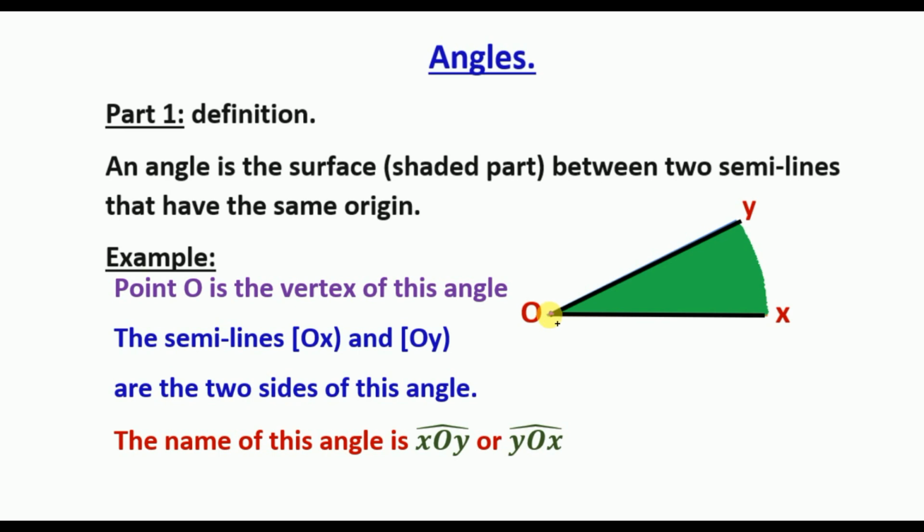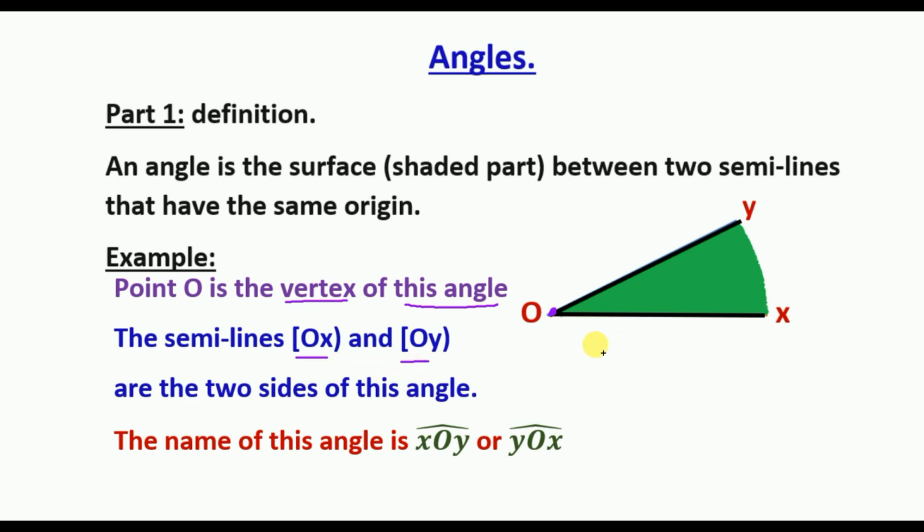Point O that represents the origin of these two semilines is in fact the vertex of this angle. So the vertex of an angle is a point. Now the two semilines OX and OY: when we name a semiline, we put a bracket for the limited side and a parenthesis for the unlimited side.